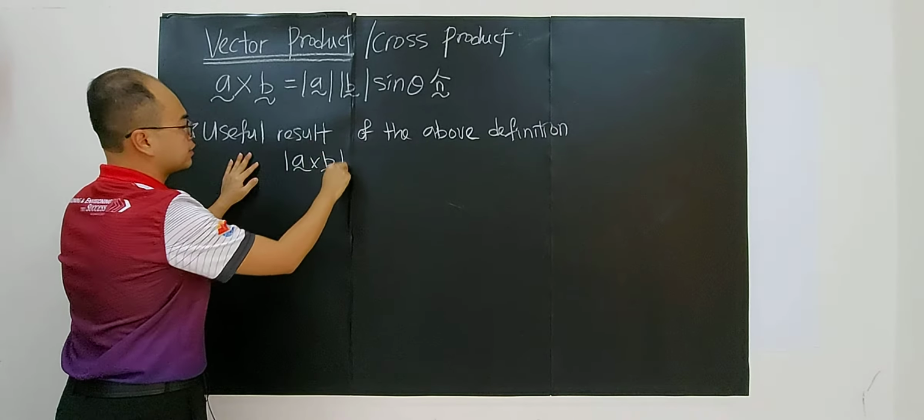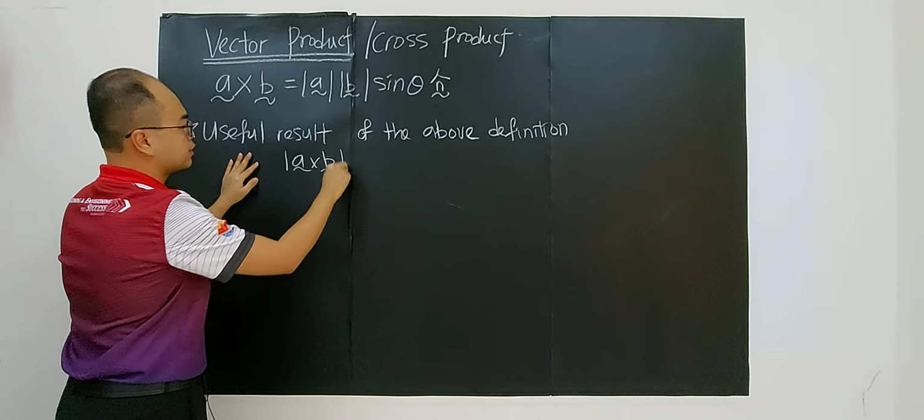Now I'm going to find the magnitude of A cross B. The magnitude of A is a number, the magnitude of B is a number, and sine theta is a value.